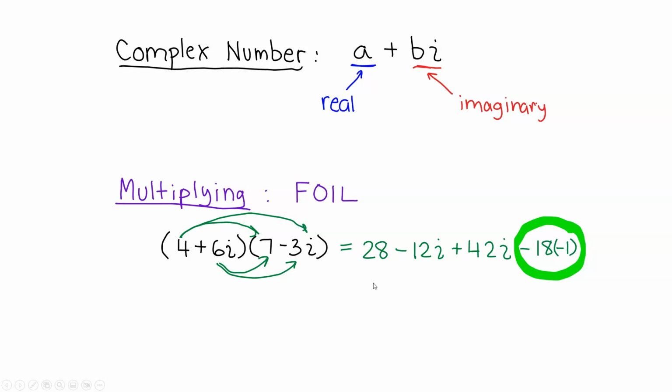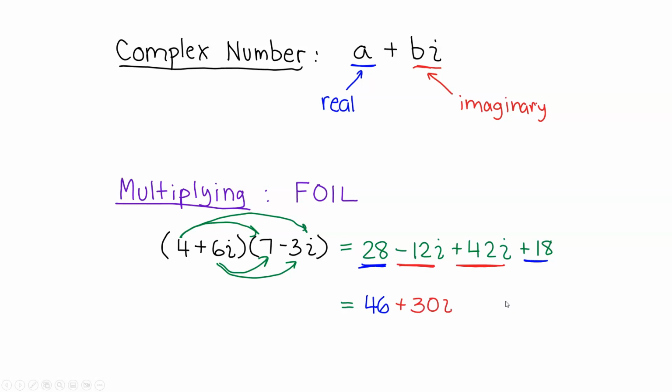And so what I have here is 28 minus 12i plus 42i plus 18, because I had minus 18 times -1. That's going to become a plus. 28 plus 18, those are the two real parts, is going to give me 46. -12i plus 42i is going to give me a plus 30i. So the overall solution to that multiplication is 46 plus 30i.